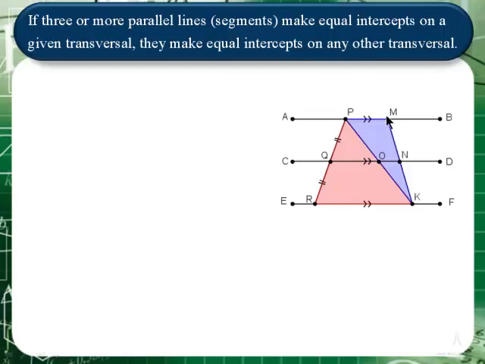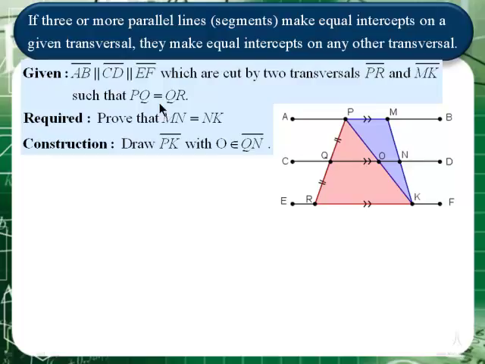Now if we draw for instance the transversal MNK, then we want to prove that MN is equal to NK. So we are given the three parallel lines which are cut by two transversals PR and MK, and we know that PQ is equal to QR, and we want to prove that MN is equal to NK.